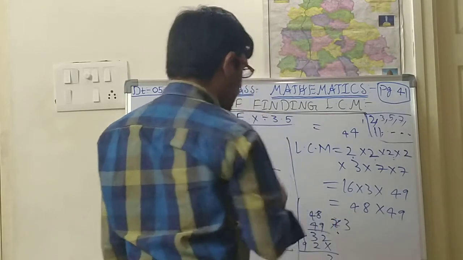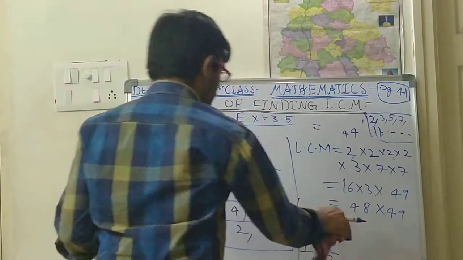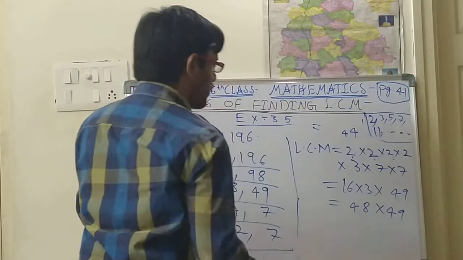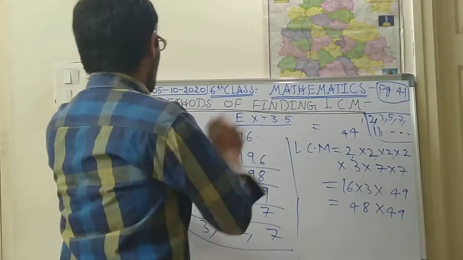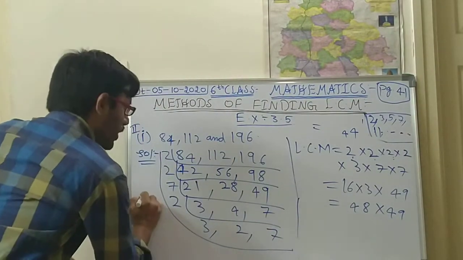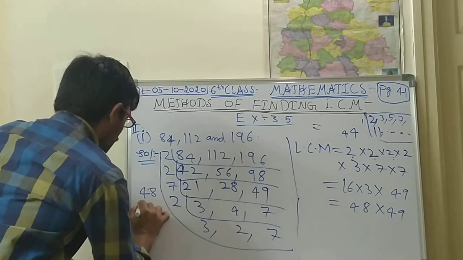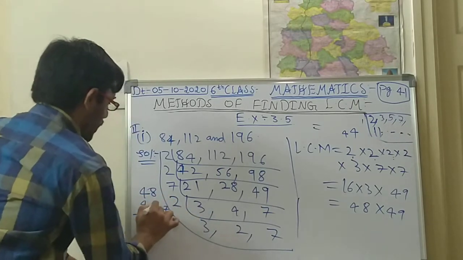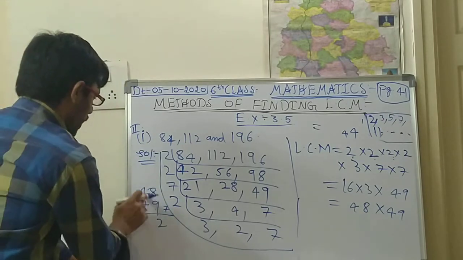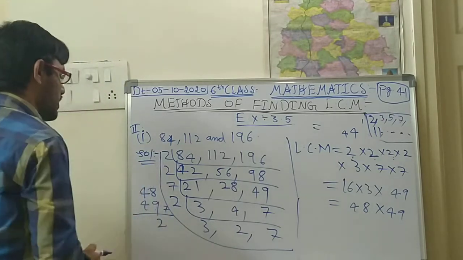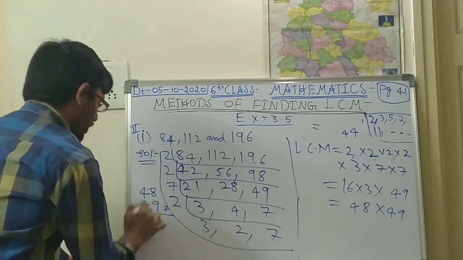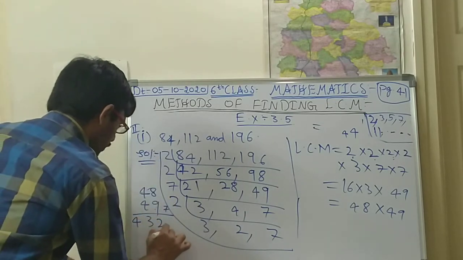Okay, 48 into 49. Just to check, children, what is 48 into 49? Here I am doing it very clearly. 9 8s are 72, 7. Next 9 4s are 36. 36 plus 7, 43. So 43, with 9 completed.